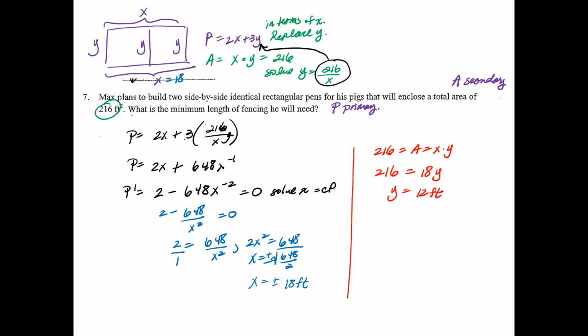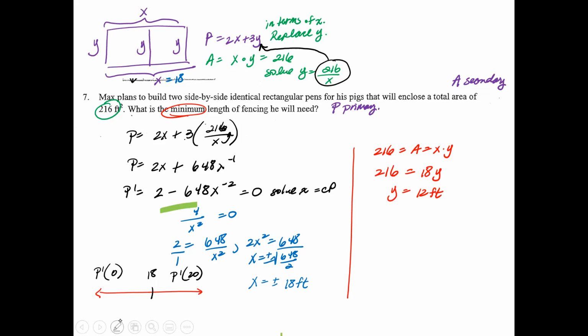I know you're like, well, how do you know that this is actually going to be a minimum? You could do a sign line and test it, but at this point, it's almost guaranteed that it's probably going to be a minimum. But just for kicks and giggles, x is 18, so you're going to do p prime of 17, or actually, you know what, better yet, you could do 0. That might be easier. And p prime of maybe 20 on the right side. And again, you're going to plug the 0 and 20 into p prime, which is this equation right here.